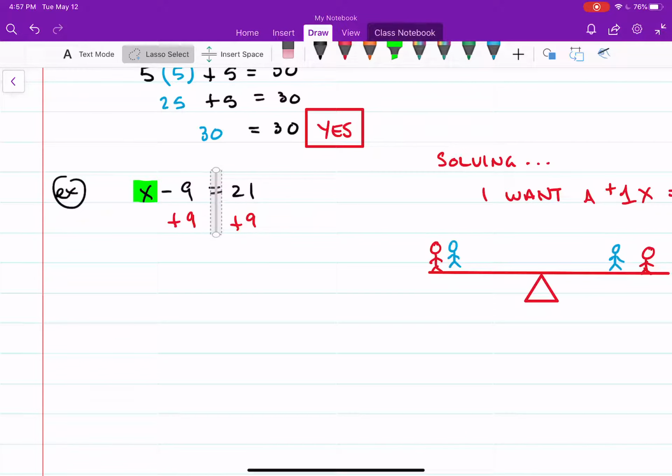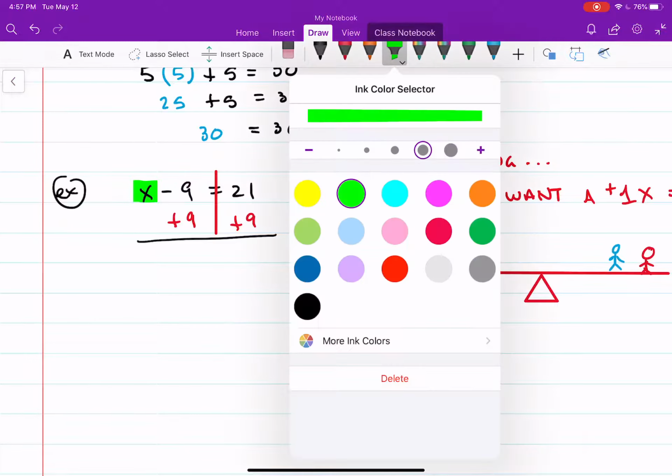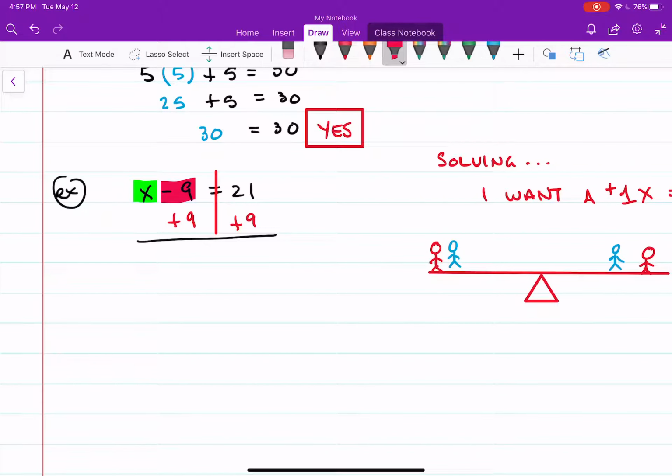Then if we notice that negative 9 and positive 9 kind of cancel each other out, okay?